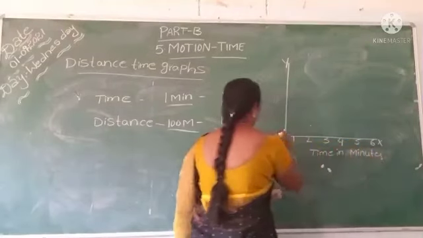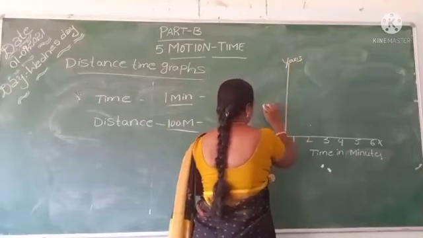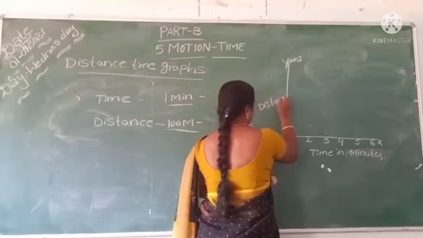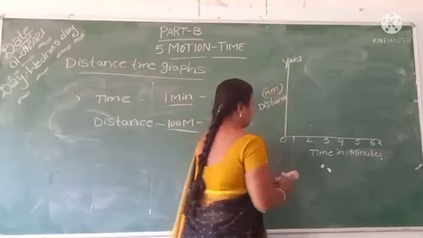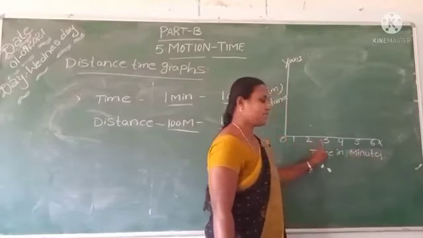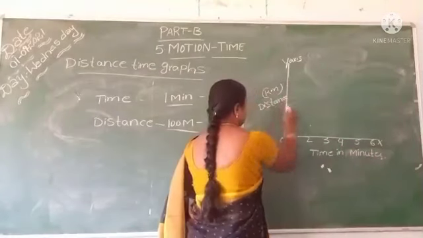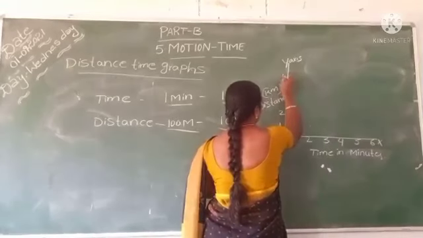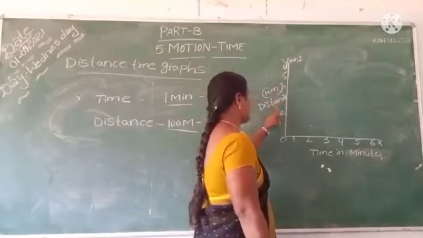So, OY axis shows distance. You can say kilometers. OX axis shows time in minutes. 1 minute, 2 minutes, 3 minutes, 4 minutes, 5 minutes, 6 minutes. So, this distance is 1 kilometer, 4 kilometers, 5 kilometers, 6 kilometers. Like this, Y axis shows distance in kilometers.